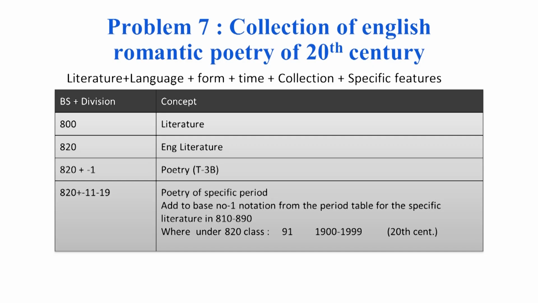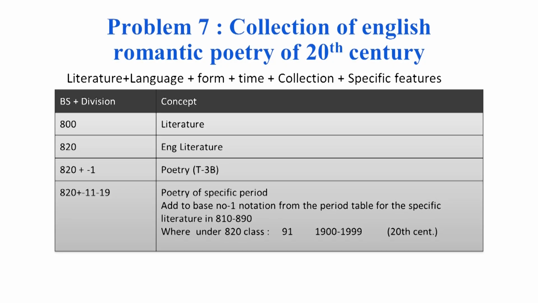So the facets will appear as literature, language, form, then time, collection and specific feature at last. So again we will find out the notation for the different concepts. Here 800 means literature, 820 means English literature, then 820 plus dash 1 is poetry.